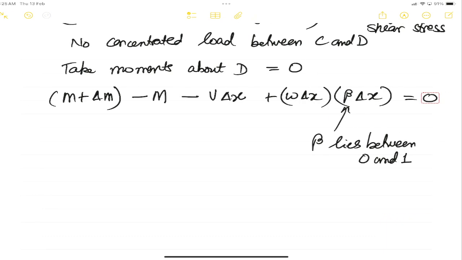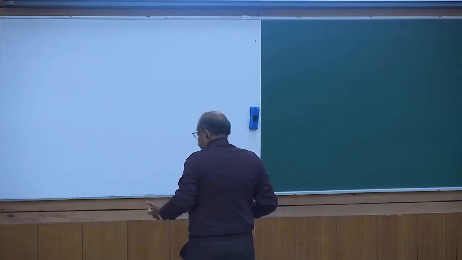If W is linear, then beta will be 1/3 or 2/3 depending on which end the load is. So, generally beta has to be a fraction lying between 0 and 1 depending on how W is distributed. For uniform W, clearly beta is half. So, therefore, I write it as beta delta x.